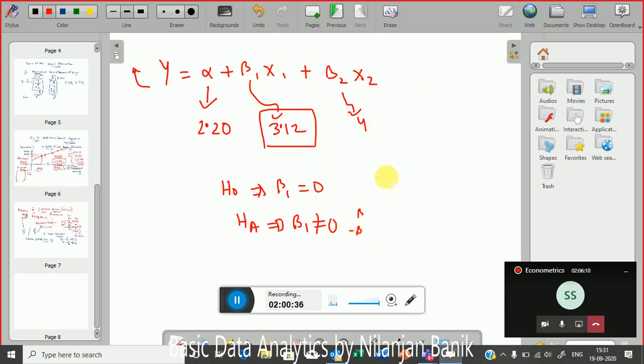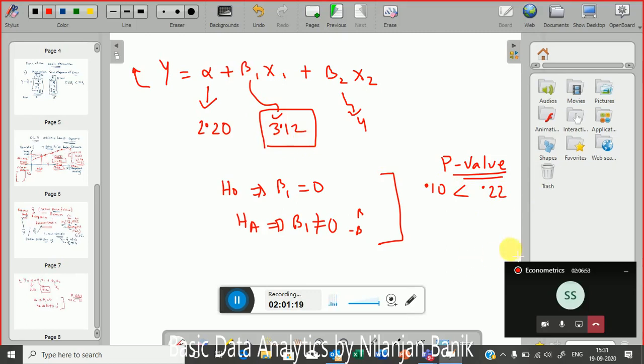Likewise, once I run the regression, I have to look into the p-value. If the p-value is greater than 0.10, let's say my p-value is coming out 0.22, that means that out of 100 times, 88 times I will find the value of beta 1 to be 3.12. But in terms of statistical analysis, researchers say that we are not interested in such a high p-value.